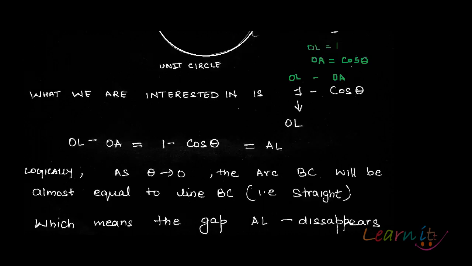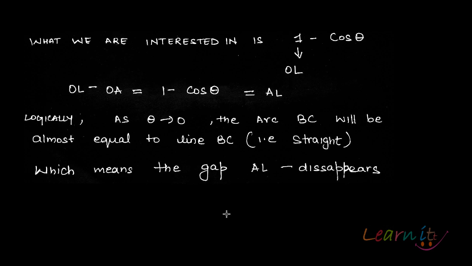And that is why we quote that as theta goes to 0, 1 minus cos theta, which is essentially the gap upon theta, equals 0, because this gap AL disappears. And that's the reason why this identity exists.